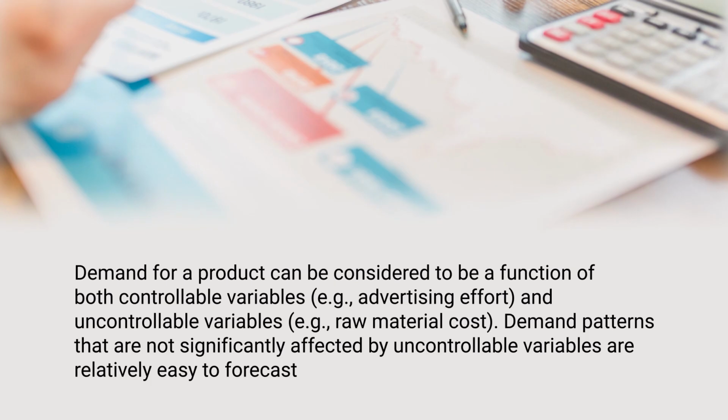Next point: demand for a product can be considered to be a function of both controllable variables, such as advertising effort, and uncontrollable variables, such as raw material cost. Demand patterns that are not significantly affected by uncontrollable variables are relatively easy to forecast.